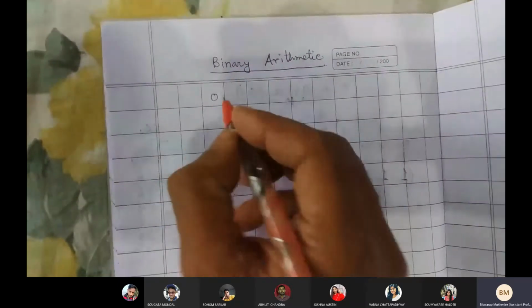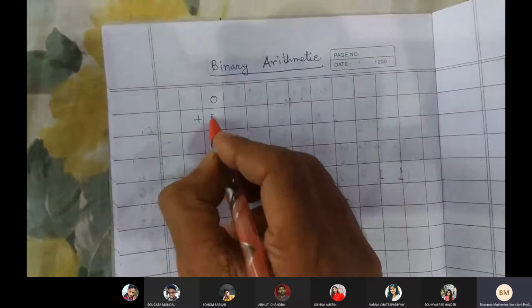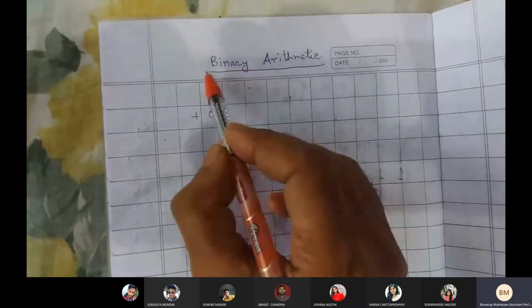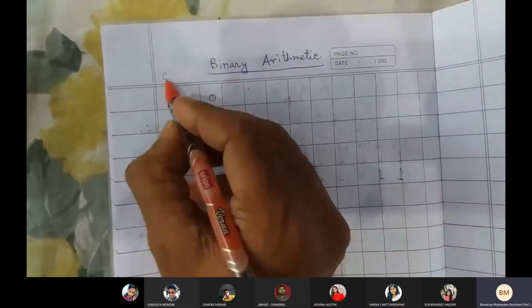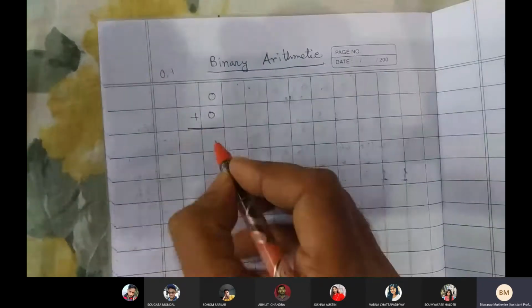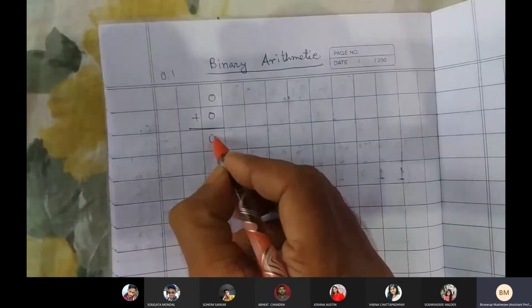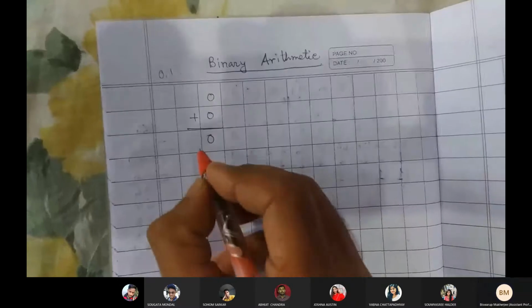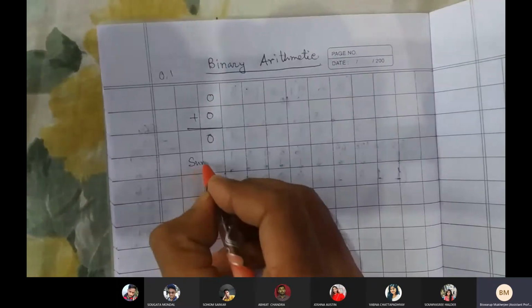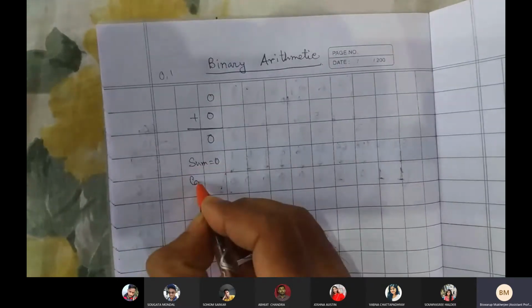Now a simple thing is that the number is binary, so 0 is a binary number, plus 0. Binary means it's either 0 or 1. These two can be the inputs. So 0 plus 0, obviously the sum value is 0, there is no carry. So sum is equal to 0 and carry is also equal to 0.